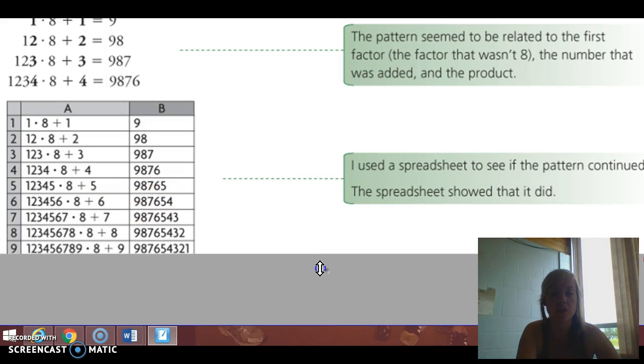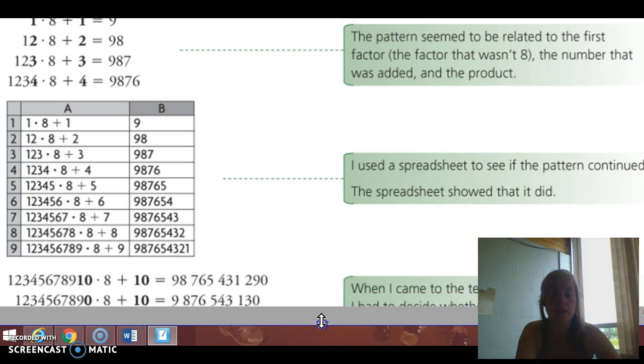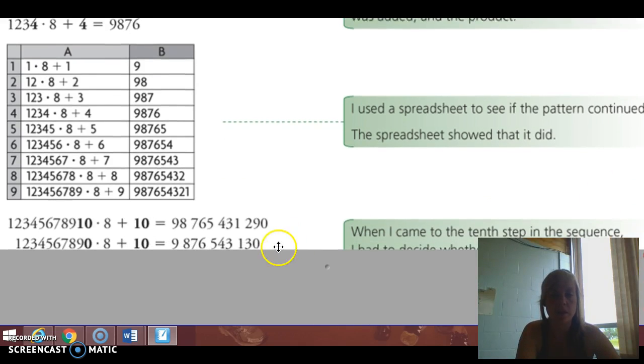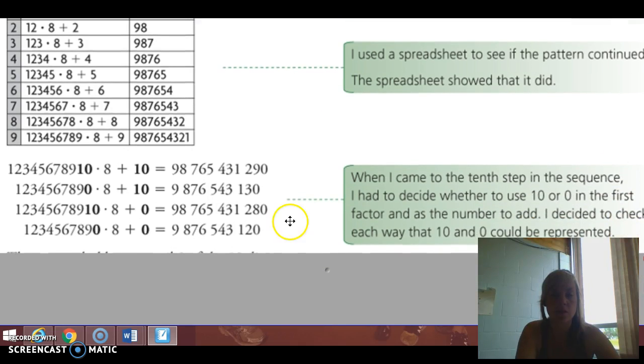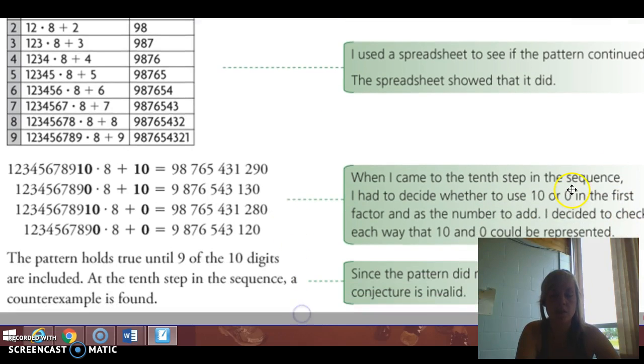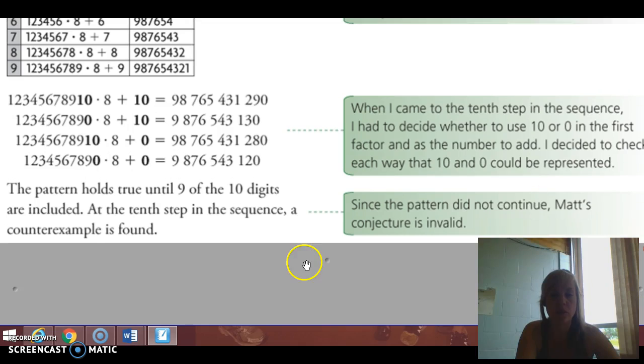So the pattern's continuing, and the pattern falls apart at 10. 12345678910 times 8 plus 10 does not give you 9876543210. It gives you something else, this is the false part. So 10 is a counterexample to his conjecture.